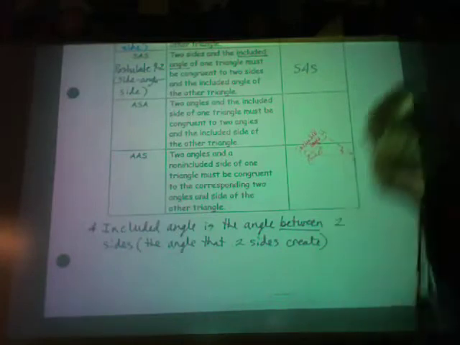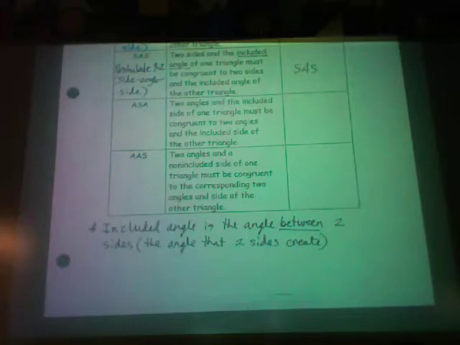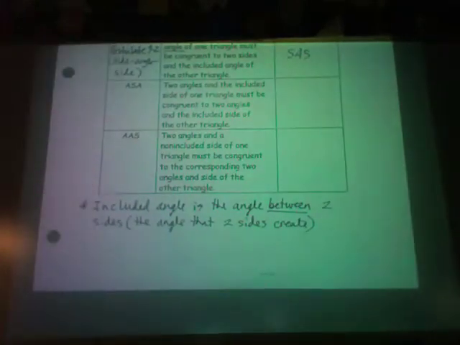Alright, so let's look at ASA. Angle, side, angle, right? This is postulate 4-3.